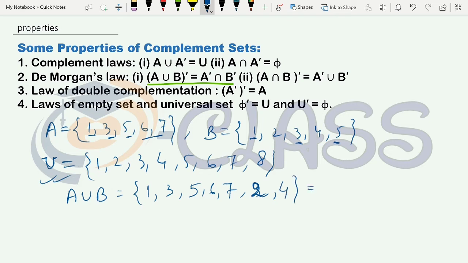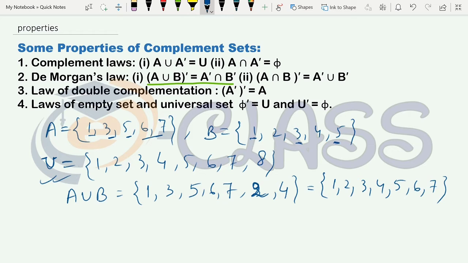If we write them in order, we get A union B equals {1, 2, 3, 4, 5, 6, 7}.